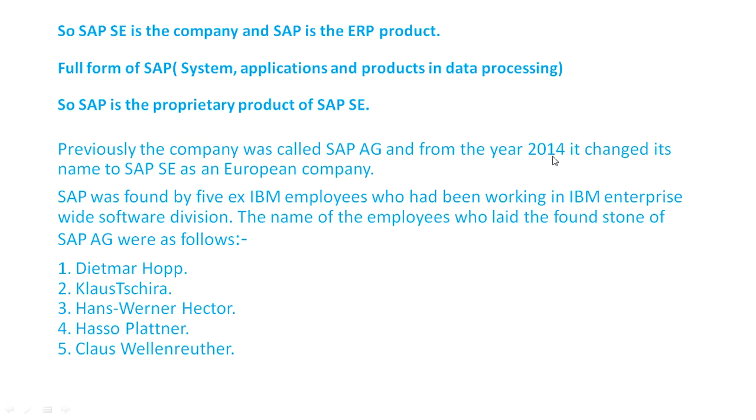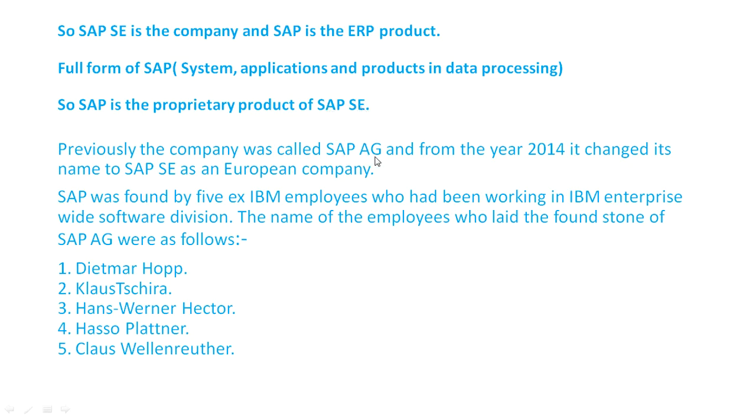But in the year 2014, the SAP company deregistered from Germany as per German rules and regulations. They delisted and registered the company again under the European Union. By this process, there is a custom: as per the European Union Companies Act, any company registered under the European Union has to use the word SE after its name.